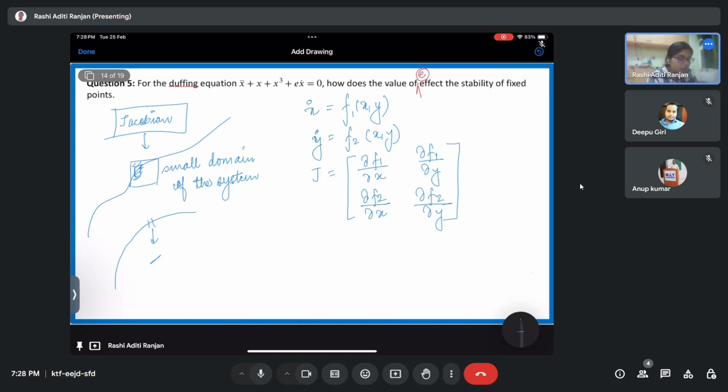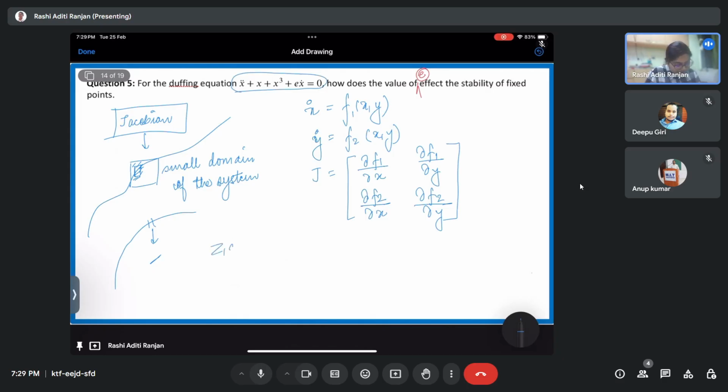Okay, so we know the Jacobian. We find the eigenvalues of the Jacobian matrix, and we can conclude about the stability of the system. Right? So again, we have a second order differential equation. We will convert it into two first order differential equations.